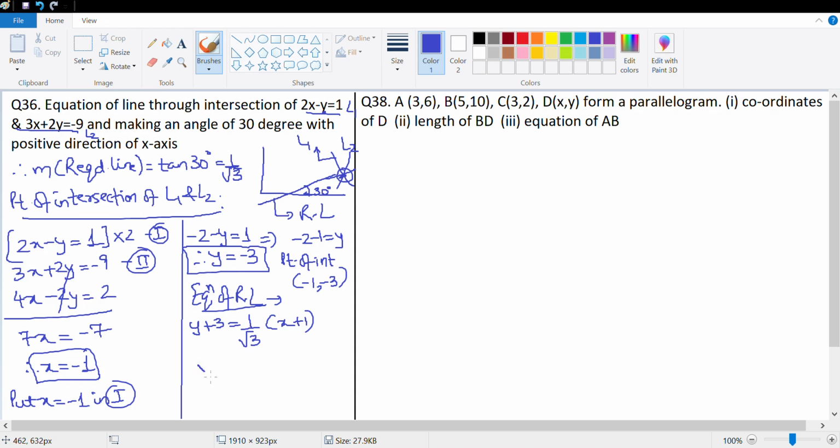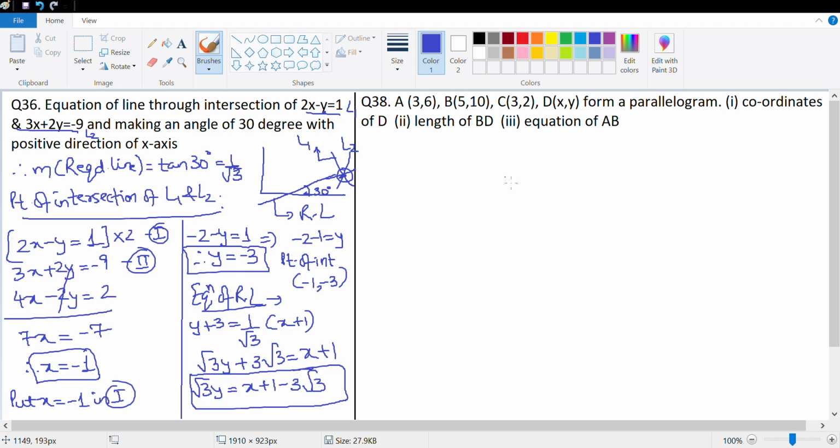Let's cross multiply. Root 3y plus 3 root 3 is equal to x plus 1. We can write this as root 3y is equal to x plus 1 minus 3 root 3. So that's the required equation.